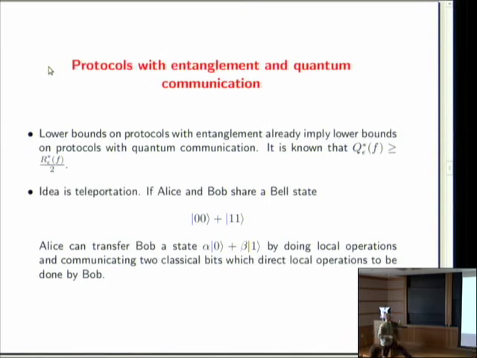At the end of this process, he'll have this state sitting in his register. So with just 2 bits of classical communication and shared entanglement, you can simulate sending quantum messages.